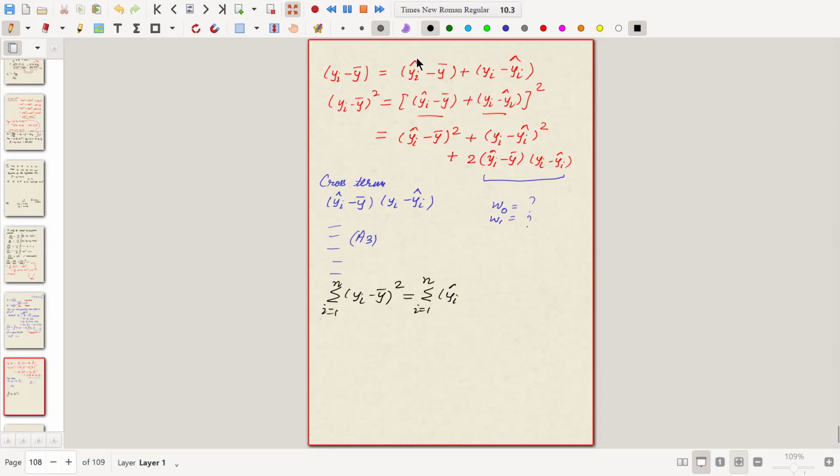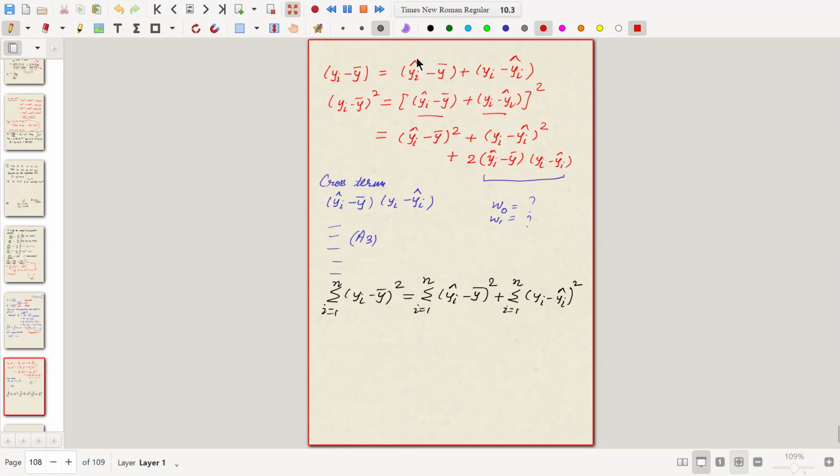Many huge things are stored in this formula, so it's an important one. Summation i equals 1 to n, (yi - yi cap)^2.